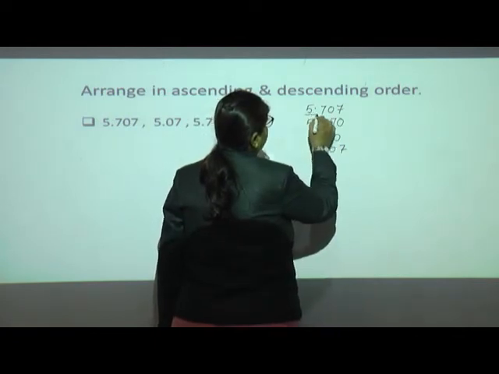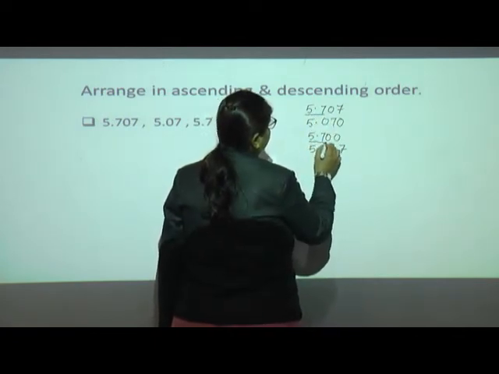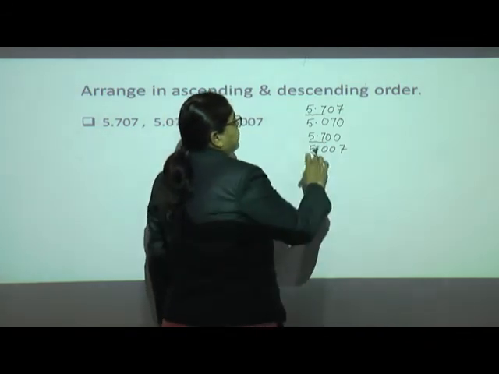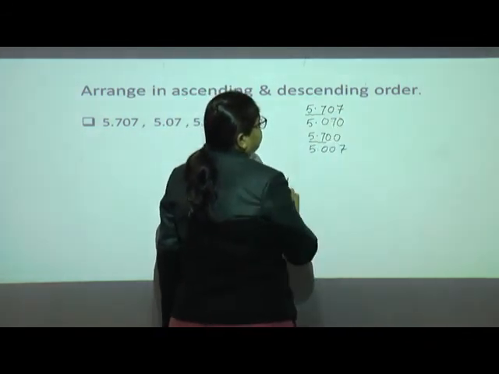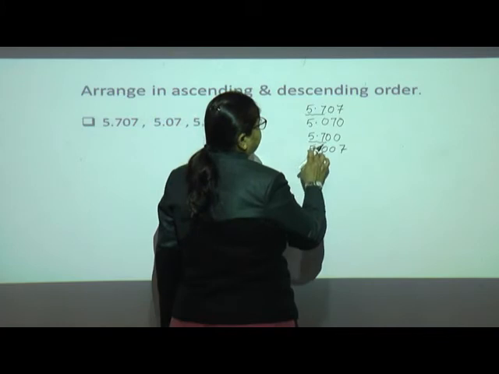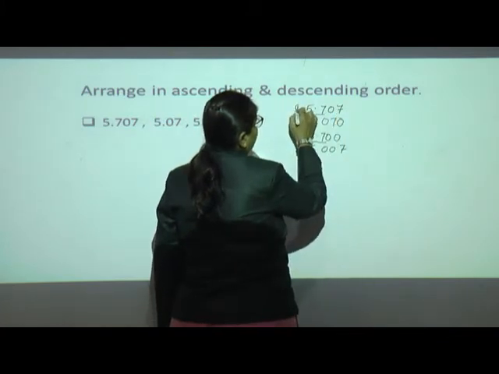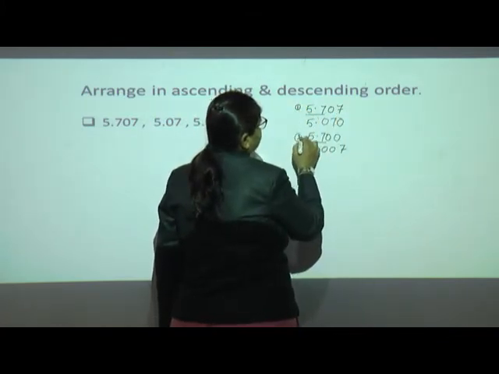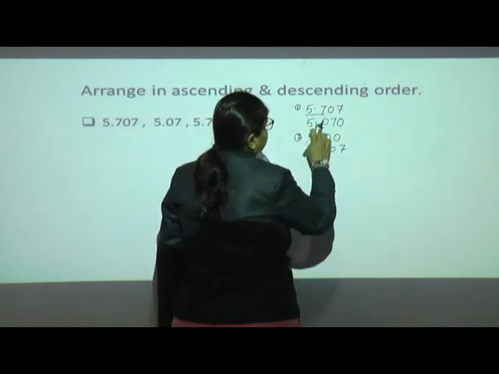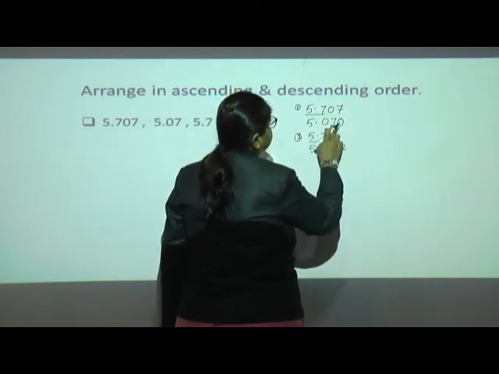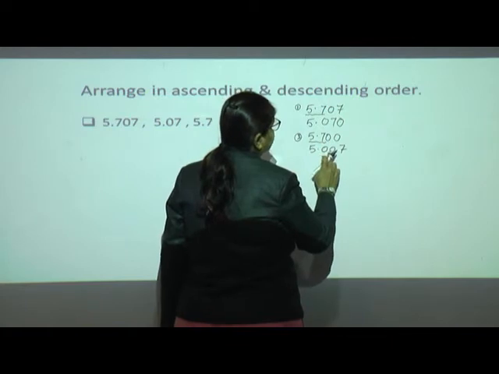Now you can see 5.7 is the same as 5.700. Which is the greater number? First we will see the greater number. This will be the 1, this will be the 2. What is this? Here we have 0.70, here we have 0.007.